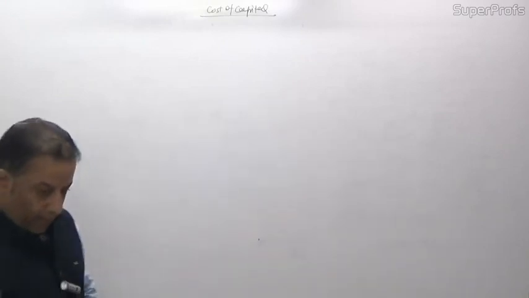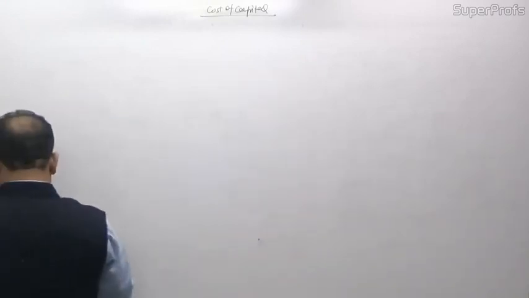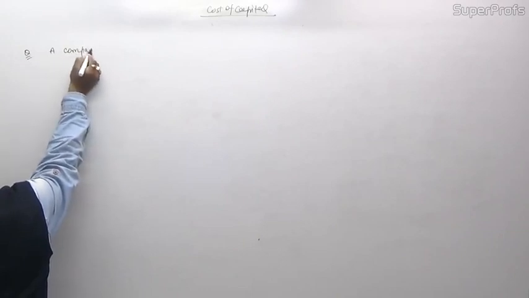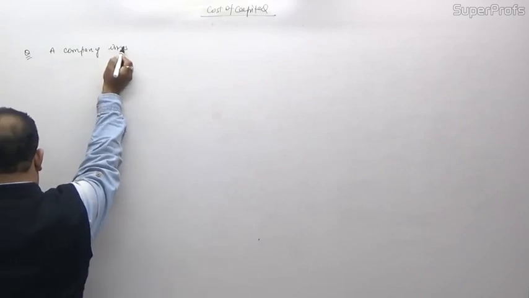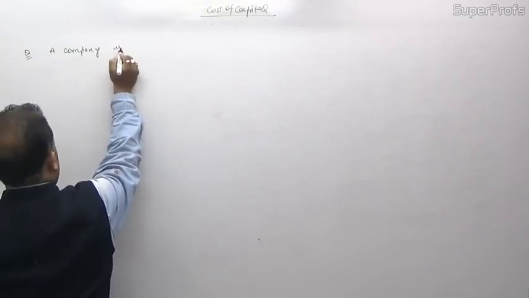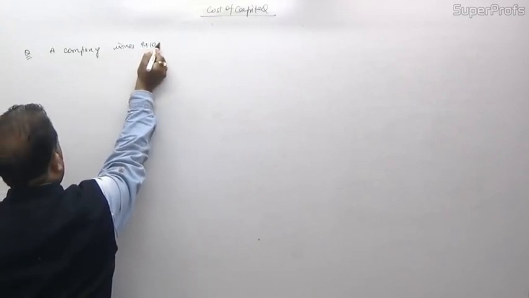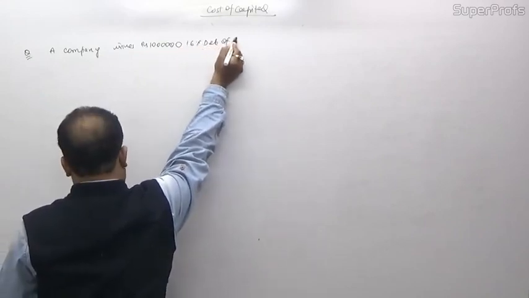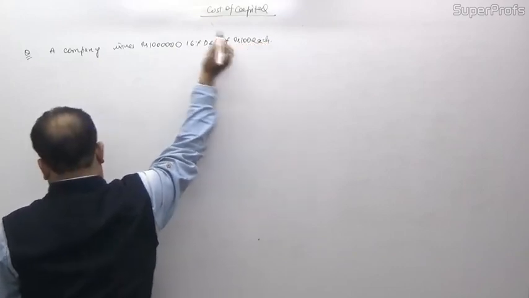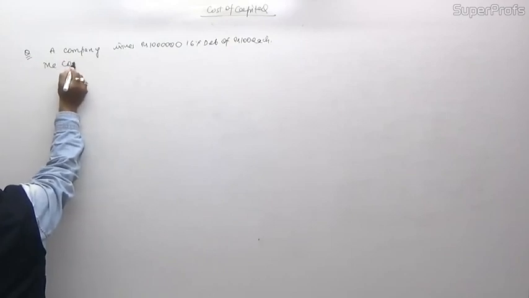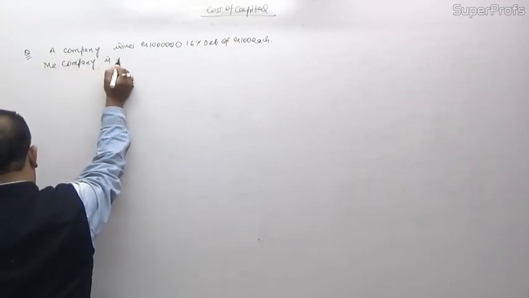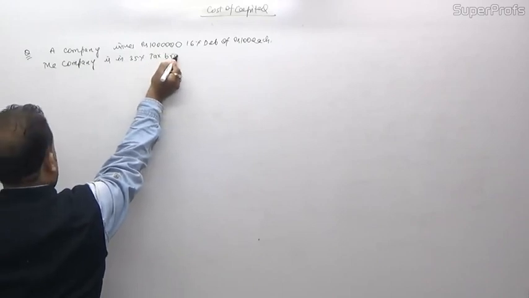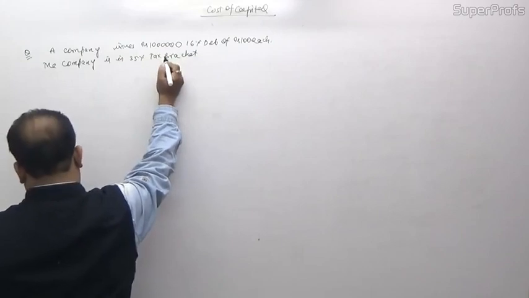The question I am taking is: a company issues rupees 10 lakh 16% debentures of rupees 100 each. The company is in the 35% tax bracket.